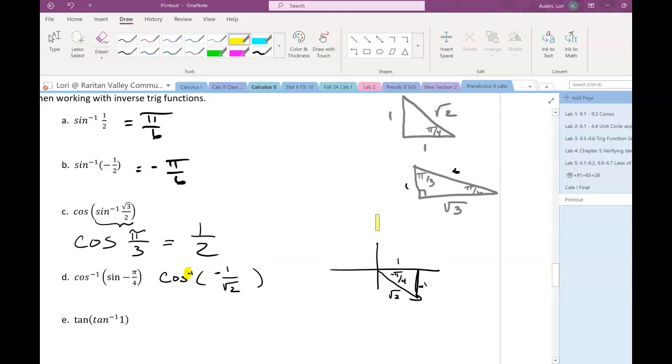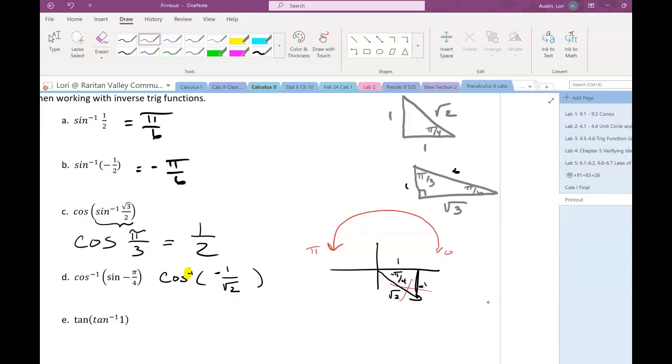So now I'm restricted to where is cosine negative. The cosine is restricted from 0 to pi. We do not use that quadrant. So where would I get a -1 over square root of 2?